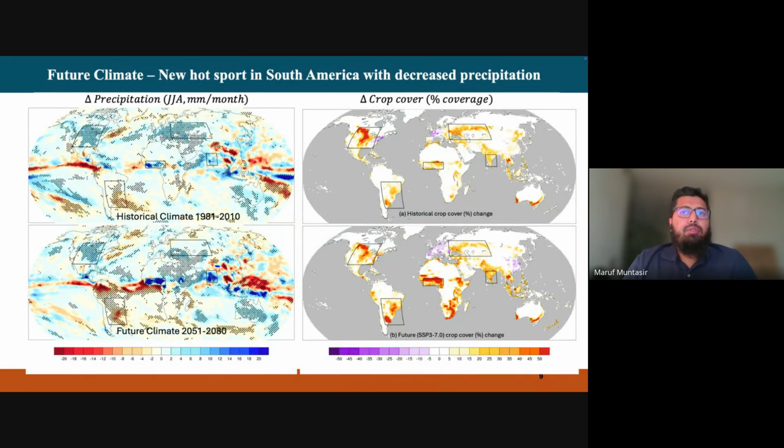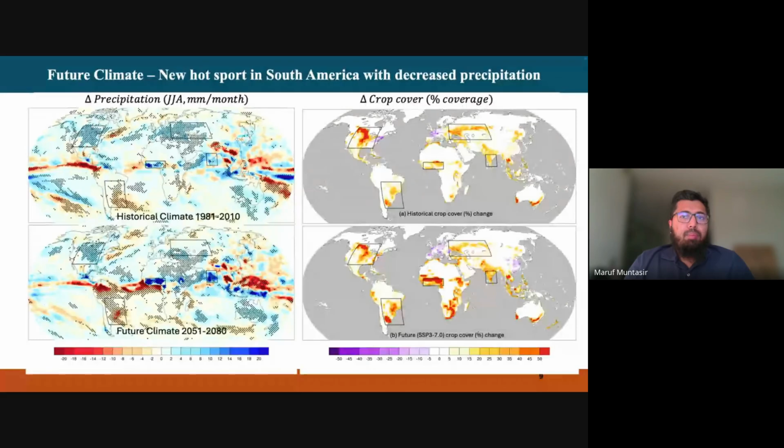And here is our historical and future precipitation difference scenario due to land use change. From both pictures, the left and the right, we can see that in areas where significant land use change happens, precipitation also changes around that region.